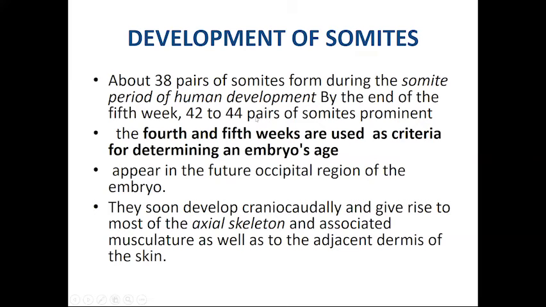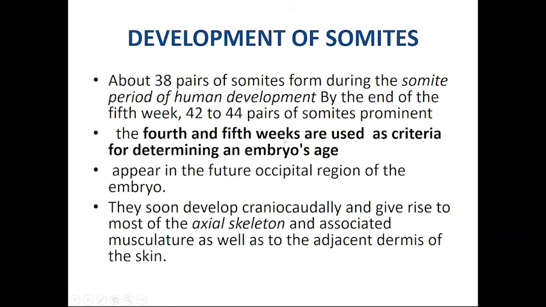This number of somites is used for determining the age of the baby. The fourth and the fifth weeks are used as criteria for determining an embryo's age, and this is done by counting the number of somites. There is a fixed number of somites which have to be present at a certain age, and that is what we use to determine it.